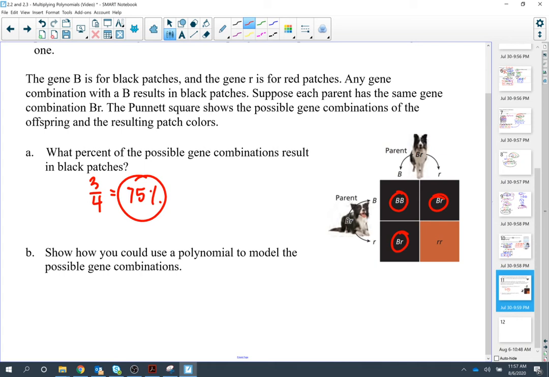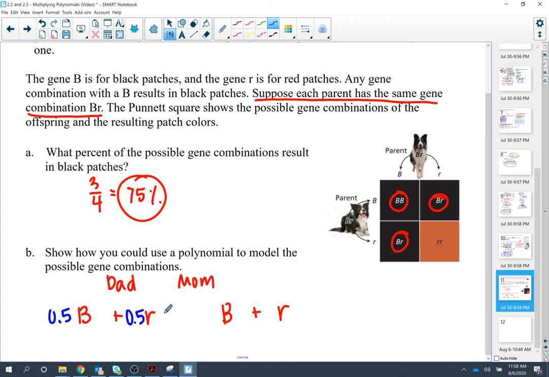Okay, well, let's think about this. Suppose each parent has the same gene combination BR. So you got parent 1 and parent 2. So let's say we've got dad and we've got mom. Well, dad has a B and an R, and mom has a B and an R. There's a little bit more that has to go into it than that, because if dad is a B and an R, well, only 50% of dad is the big B, and 50% of dad is the little r.